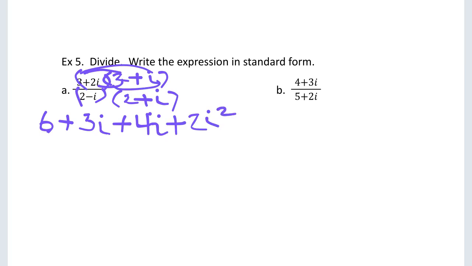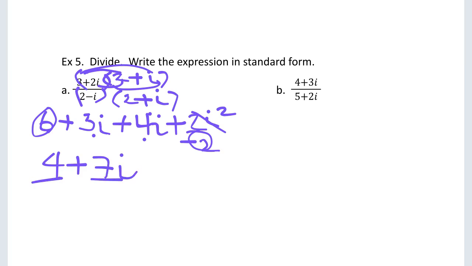And recall i squared is negative 1, so negative 1 times 2 is negative 2. Combine 6 and negative 2, 4. Combine 3i plus 4i, 7i.